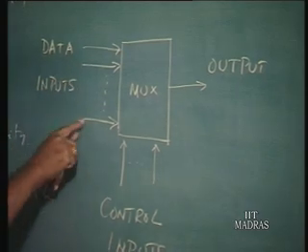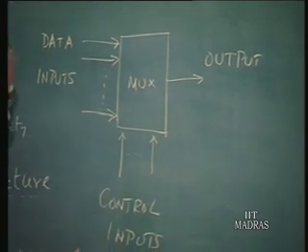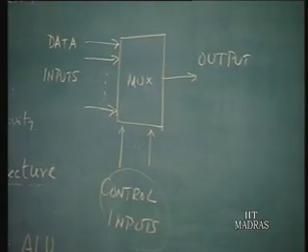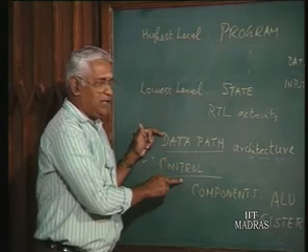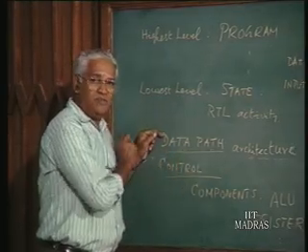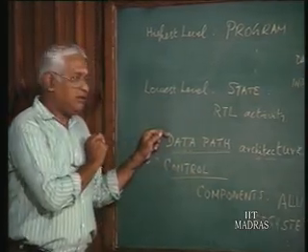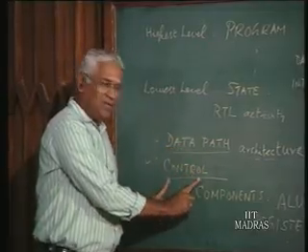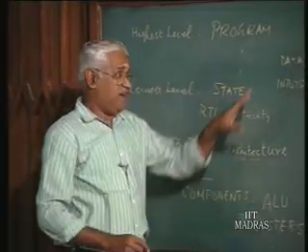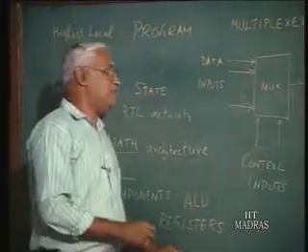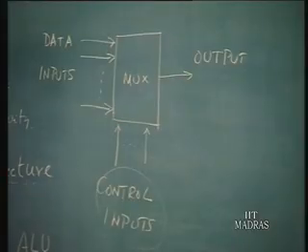Which one will be decided by the control input. Now, you can see a parallel to what we were talking about earlier. We are talking about the path over which the data will move, and that particular path will be decided by a set of control signals. In fact, you can see the summary of it even in this single component, the multiplexer. So, the multiplexer is one we will use.